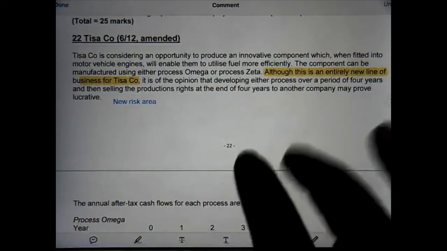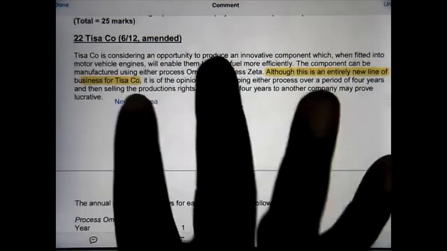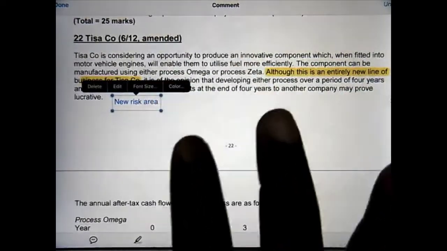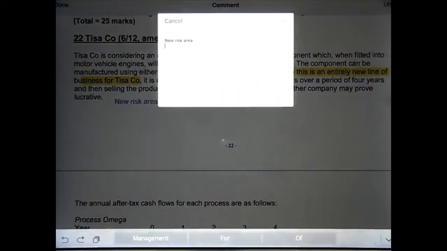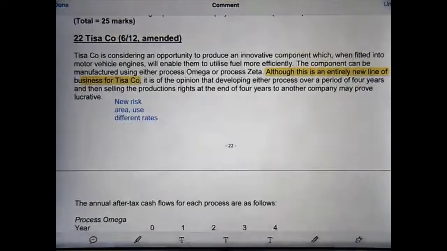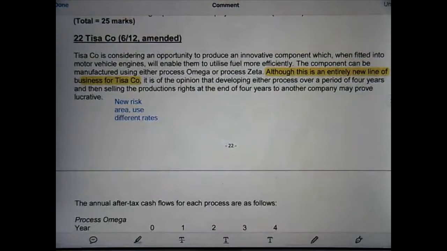Clear, not clear? Okay, so if it's a new risk area, you are supposed to use what? What are you supposed to use? New risk area. Use different rates. Does that make sense? Clear?